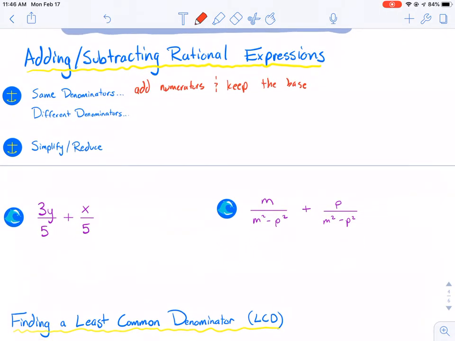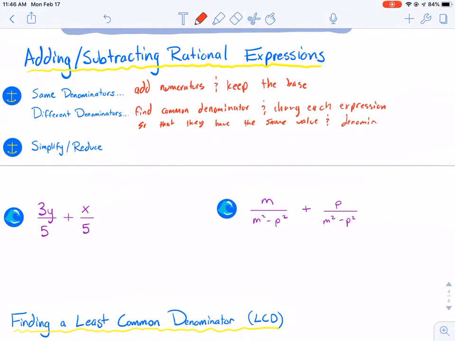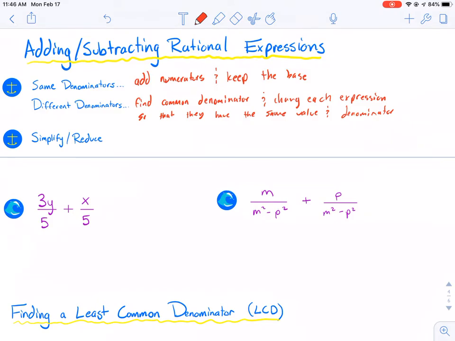If they have different denominators, then we need to find a common denominator and change each expression so that they have the same value and denominator. Okay, and then finally we just simplify and reduce, okay?